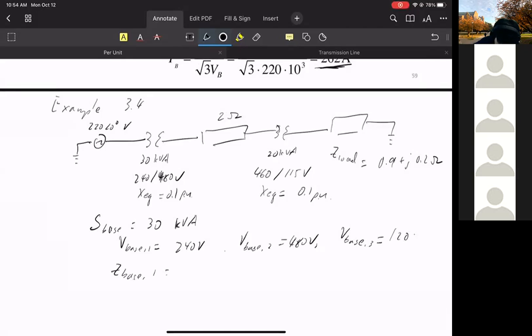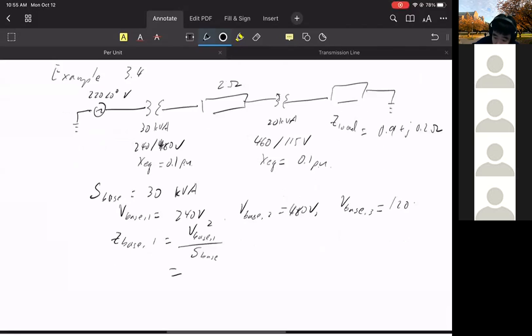Impedance base is V squared over power. For zone 1 we get 1.92 ohms. Base 2, same equation, we get 7.68 ohms. Base 3, we get 0.48 ohms.